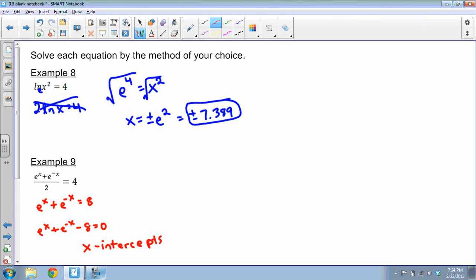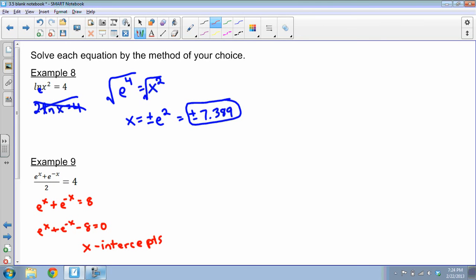So you go to y equals, and you type in e to the x plus e to the negative x. Make sure you close your parentheses on those e's if you have an older calculator that doesn't make it an exponent for you.